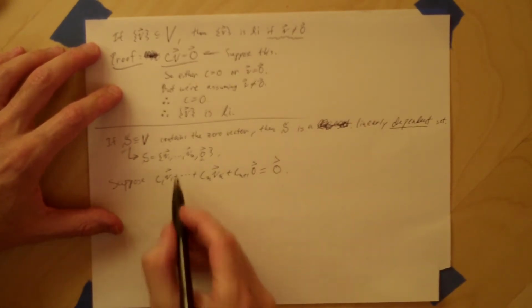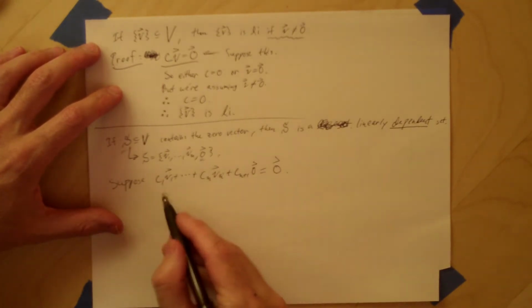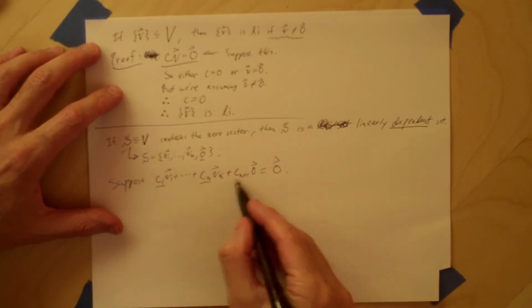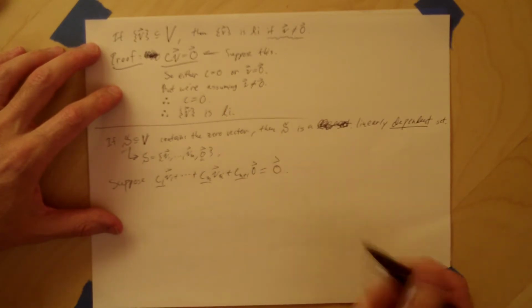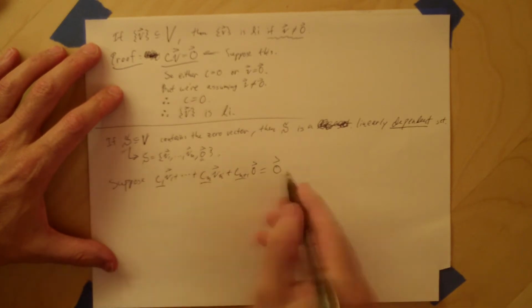So to show that the vectors in this set S are linearly dependent, it's enough to just show that not all of these numbers, C1 through Cn plus 1, have to be 0. Well, in fact, that's possible. They don't all have to be 0.